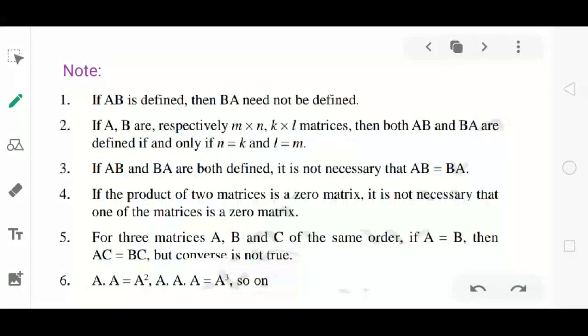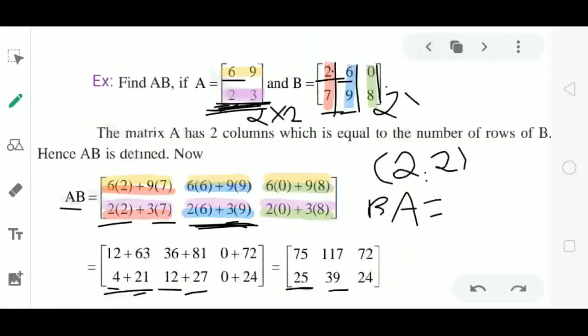First one, if AB is defined, then BA need not be defined. We have understood this in first example of multiplication of matrices. Look at that example. Here, matrix A is of order 2 by 2 and matrix B is of order 2 by 3. Here, number of columns of A is equal to number of rows of B. Hence, we can define the matrix AB.